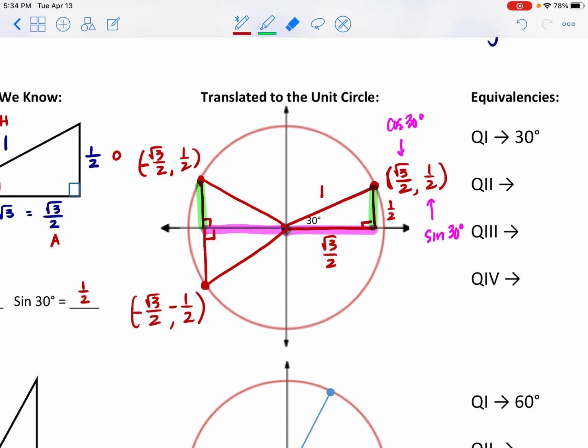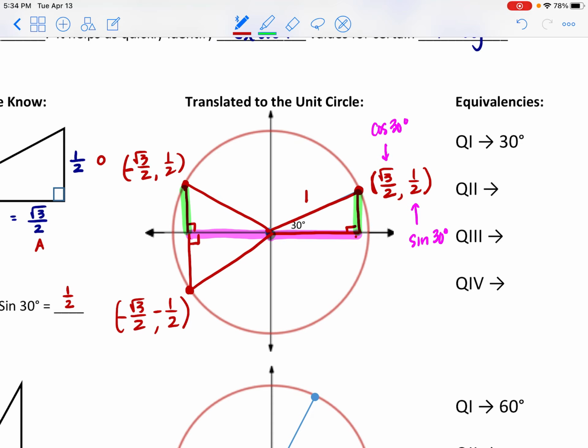And then if I get rid of this because it's in my way, if I reflect either one, the one from quadrant 3 or the one from quadrant 1 into quadrant 4, I'm not really making a great picture here, but hopefully you're seeing the idea, I get the same coordinates again. I've traveled radical 3 over 2 on the x, and then 1/2 on the y, but in quadrant 4, the y values are negative. Okay?